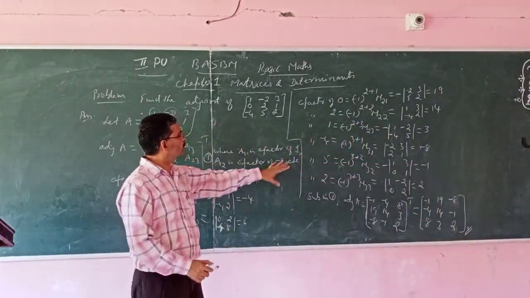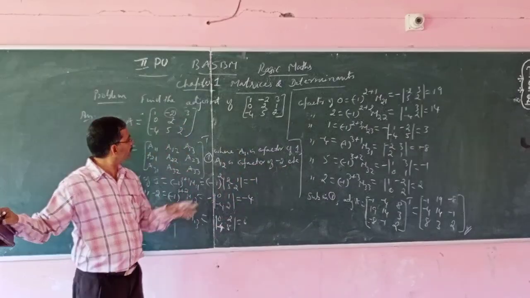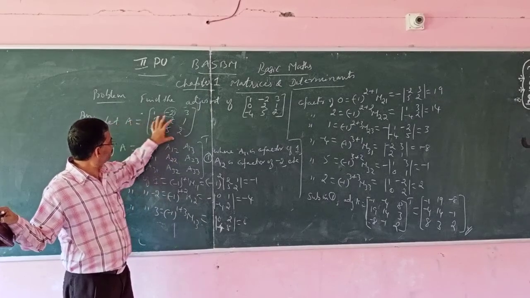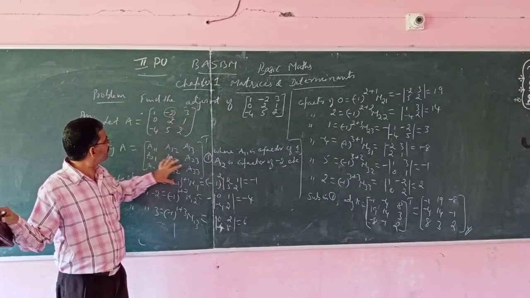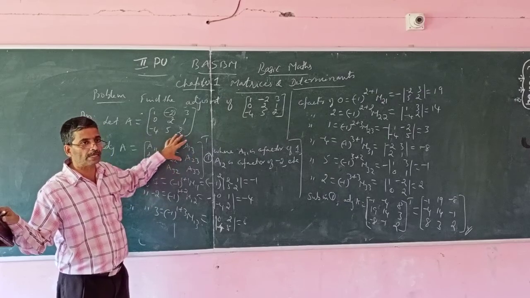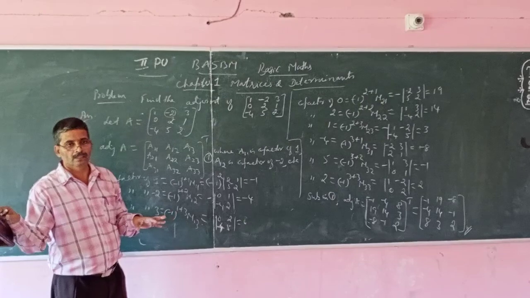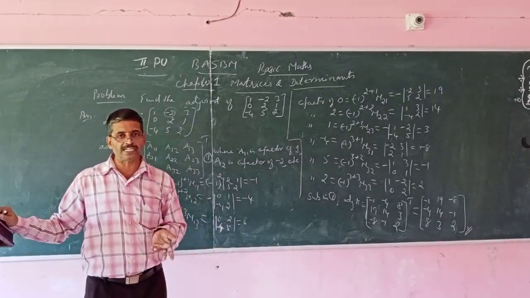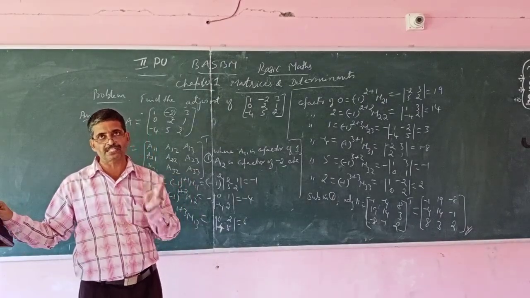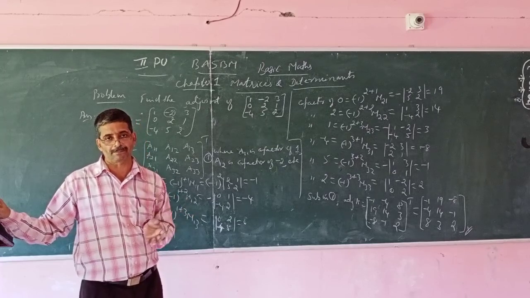So in calculation only you have to be careful. That's all, method is same. Given matrix, the adjoint of A is transpose of the cofactor matrix. Cofactor means -1 to the power i plus j into mij, where mij is the minor of the element aij.